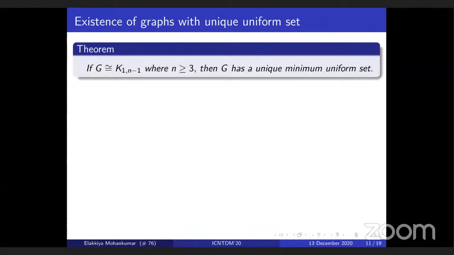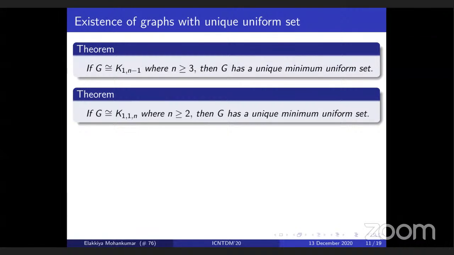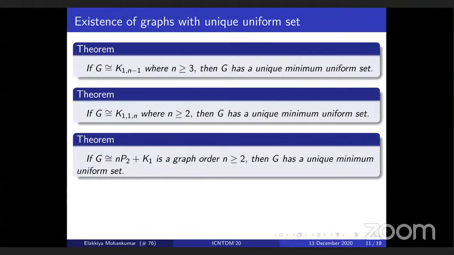So we are getting some results for graphs having a unique minimum uniform set. If the graph G is isomorphic to K_{1,n-1}, where n is greater than or equal to 3, then G has a unique minimum uniform set. And if G is isomorphic to a complete tripartite graph, where n is greater than or equal to 2, then G has a unique minimum uniform set.